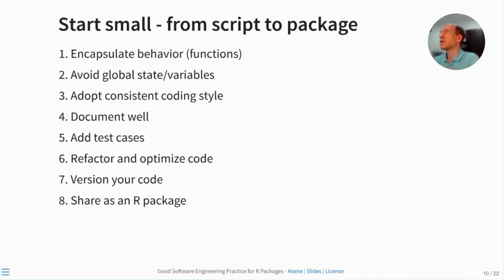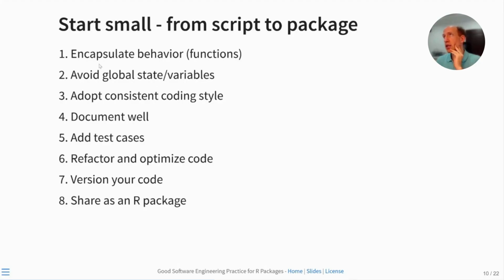There are a few different steps that are typical. The first step that we will show in a little demo now is actually the crucial step: you go from the script towards writing functions. Each of those functions should encapsulate one particular action or behavior that's important and that might be repeated on other projects.